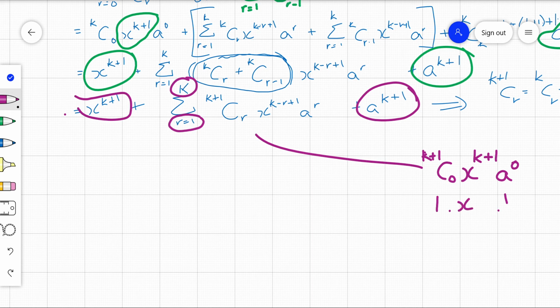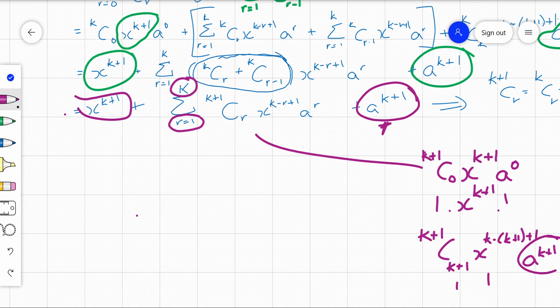So all we have is x to the k plus 1, which is that first term. And let's try k plus 1. If I put k plus 1 in there for r, I will get k plus 1 choose k plus 1, x to the k minus k plus 1 plus 1, a to the k plus 1. You'll see everything goes to 1, except for a to the k plus 1, which is that last term.